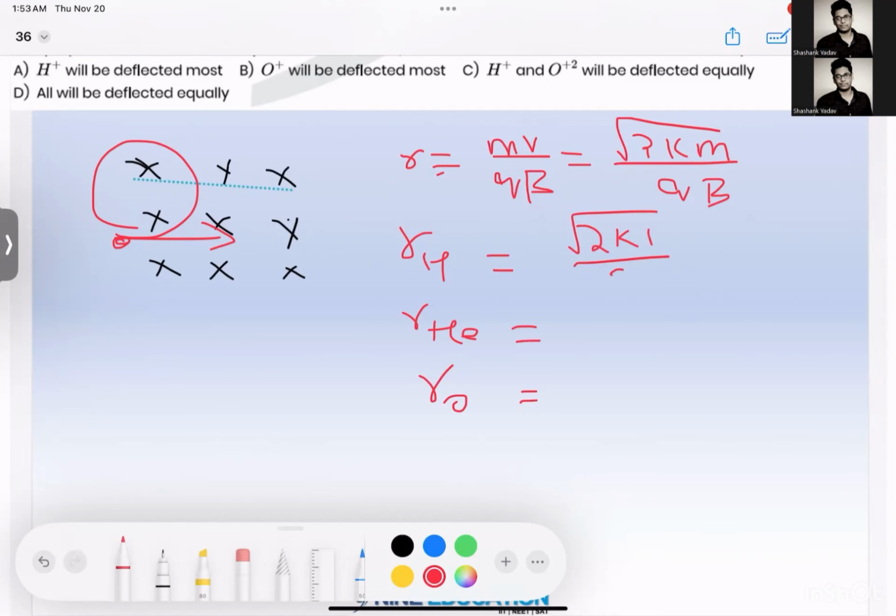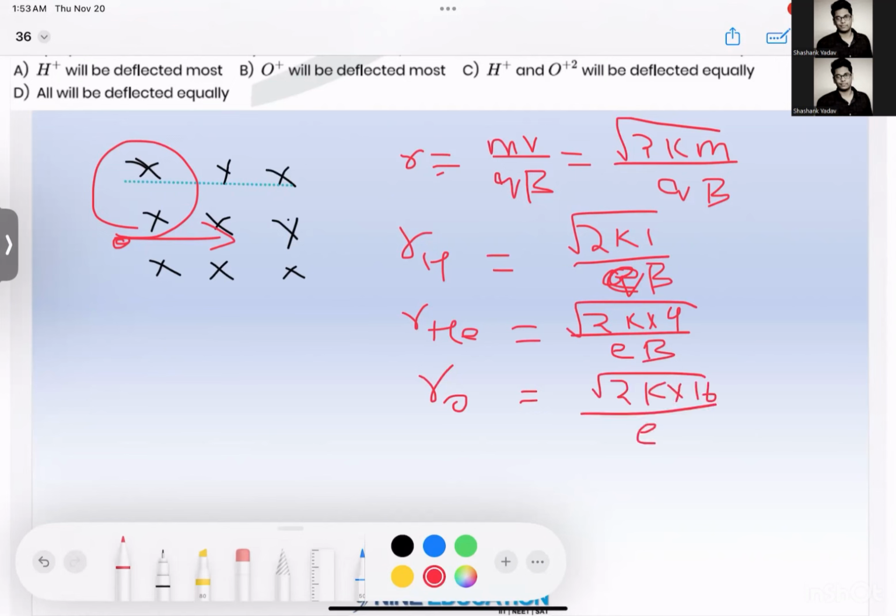The charge on hydrogen is plus 1 only, so e into B. For helium you will get root 2K into mass 4 AMU by e into B. For oxygen you will get root 2K into mass of oxygen, 16 AMU, by e into B. Now we know that the charge is same for all of them.